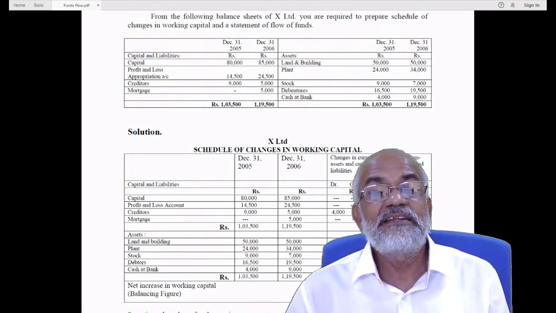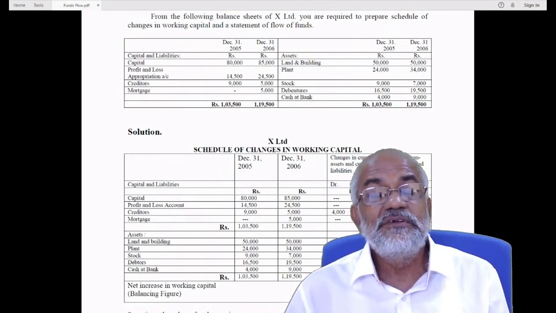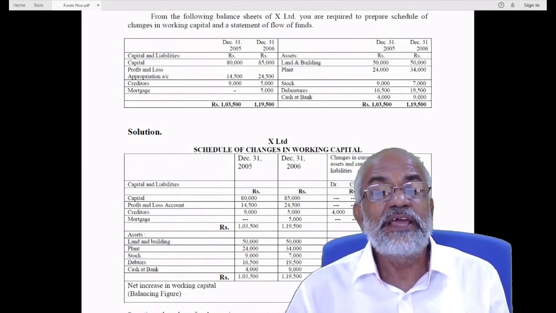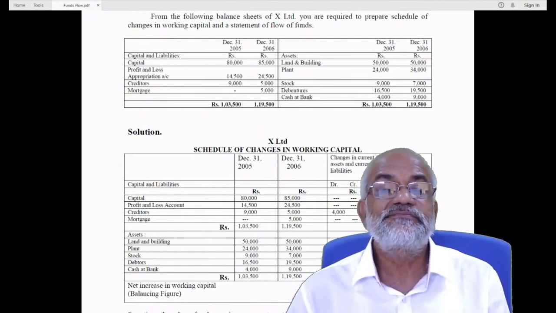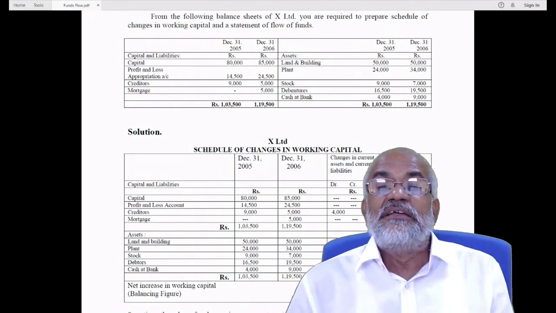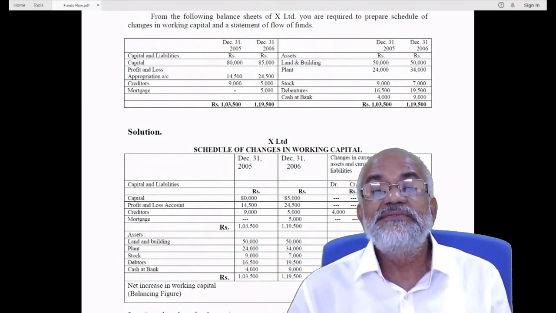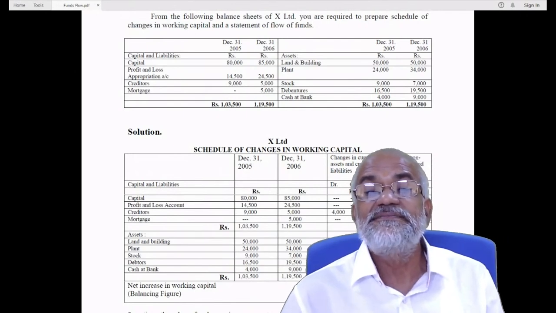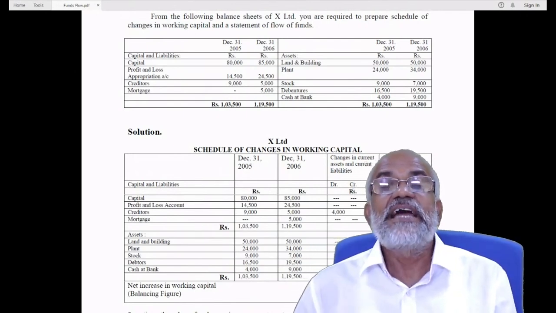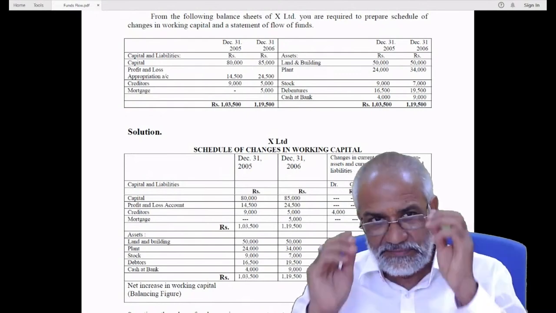The liabilities are capital, balance in the profit and loss account, creditors, and mortgage, or you can take it to be the long-term loan. The next columns are the figures as on 31st March 2005 and as on 31st March 2006.